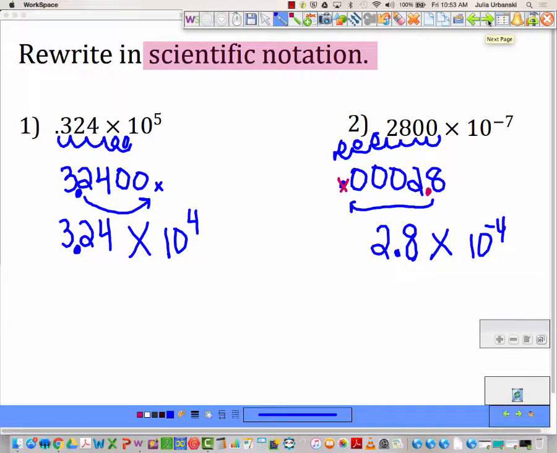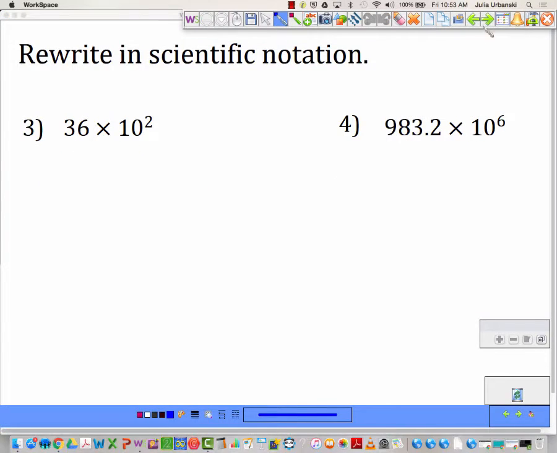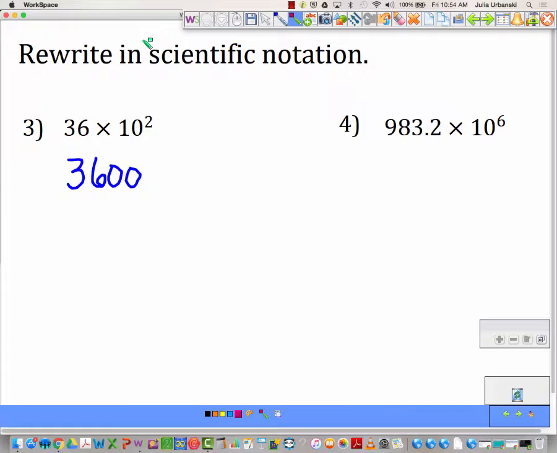Number 3. Start off right now on your own. Write this, the first step. 36 times 10 to the second. Write that out in standard notation. Alright, 36 times 10 to the second, what is it? 3,600. Good. And now, you have to turn it into scientific notation.